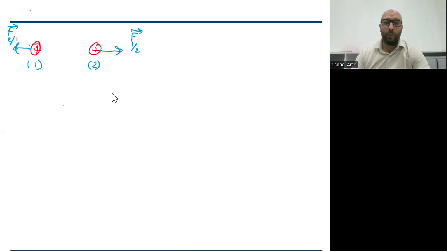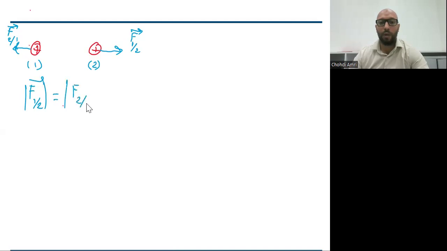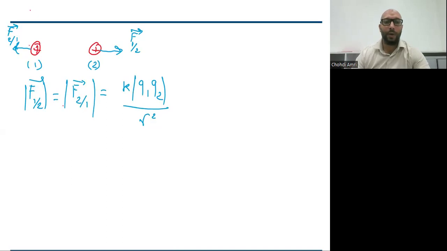According to Coulomb's law, the magnitude of F1 on 2 will be equal to the magnitude of F2 on 1. They have the same magnitude. What is this magnitude according to Coulomb's law? It's equal to K, absolute value of Q1 multiplied by Q2, divided by the distance between them squared.